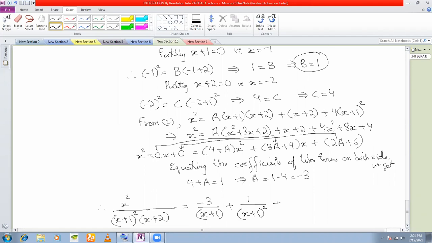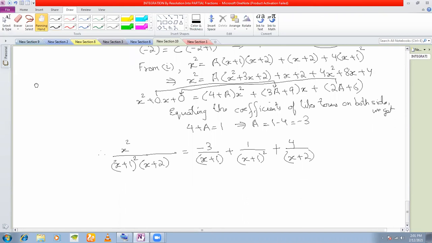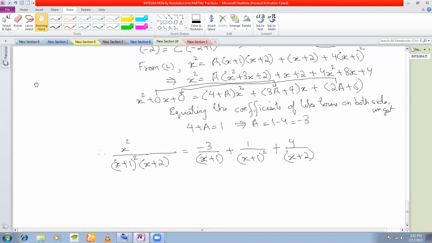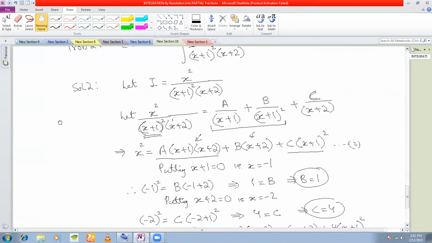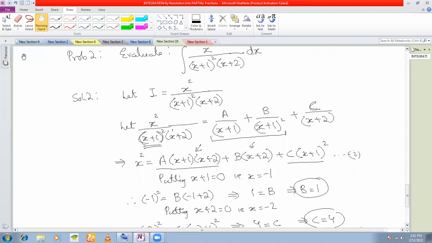And what is the value of c that we have found? 4. And we had taken c by x plus 2, isn't it? This is what we had taken, if you remember, initially. Had we taken this or not? Or you want to see? Should I scroll up? Yes, we have. Do you remember this I had taken? You see, I had taken this way.